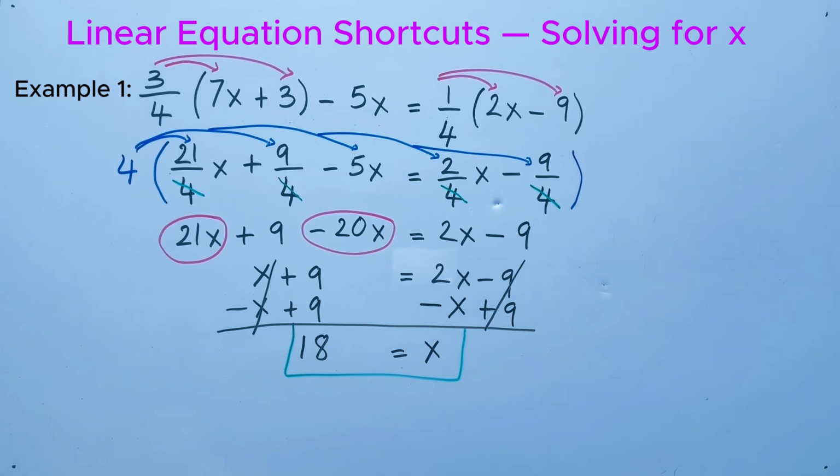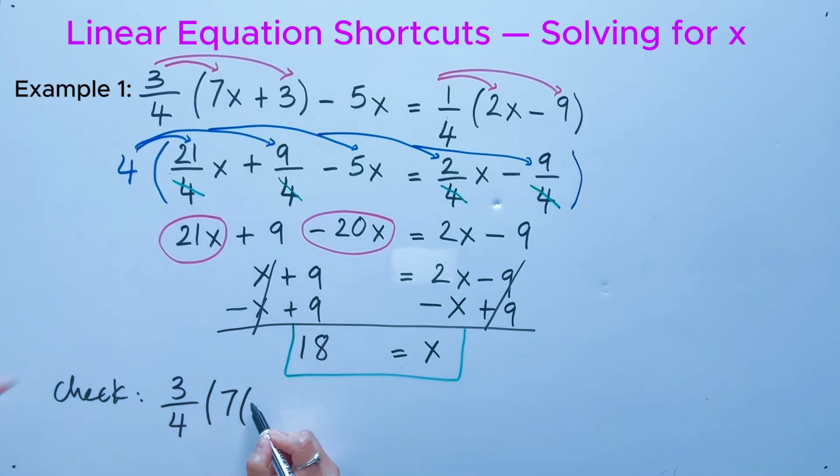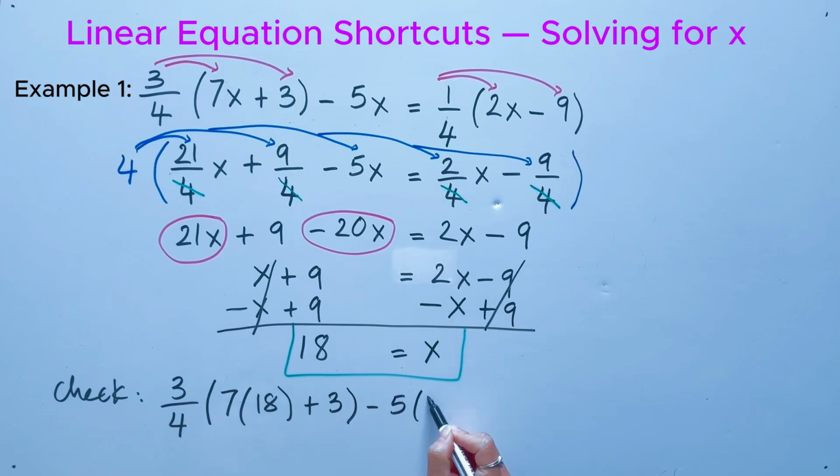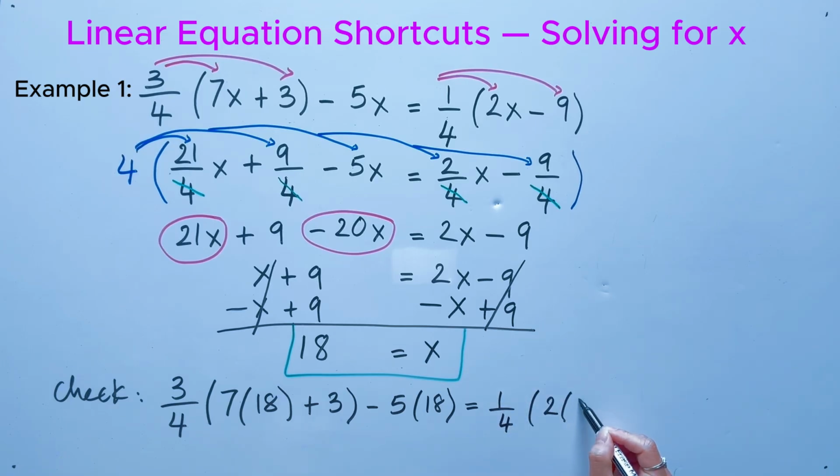Always check your answer. Okay, so check to make sure that the answer is correct. What you do is 3 over 4 times (7 times x, now 18, plus 3) minus 5 times 18 equals 1 over 4 times (2 times 18 minus 9).